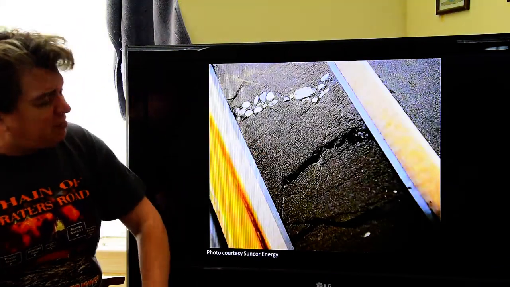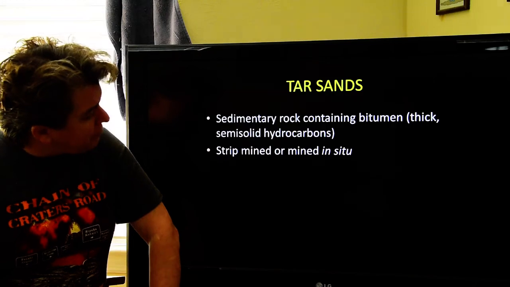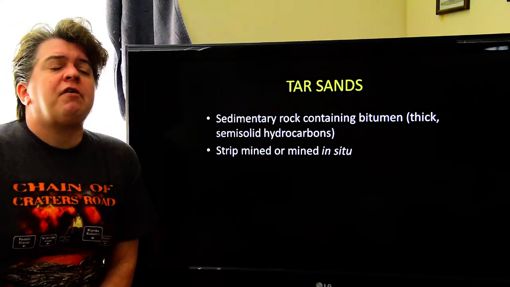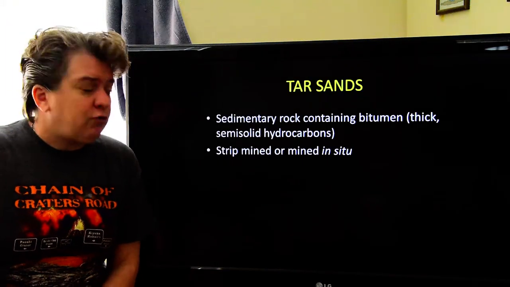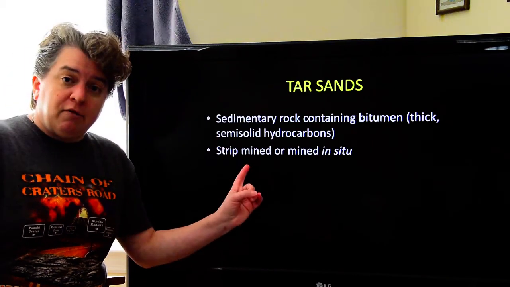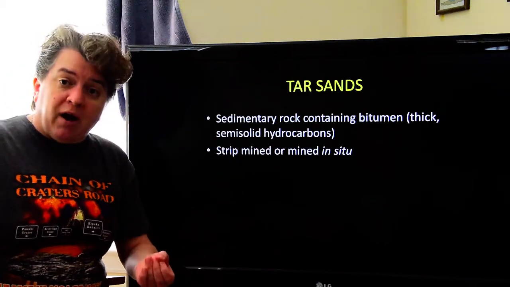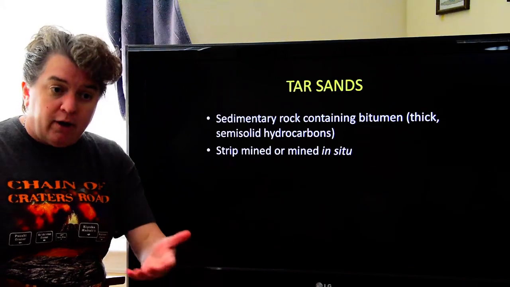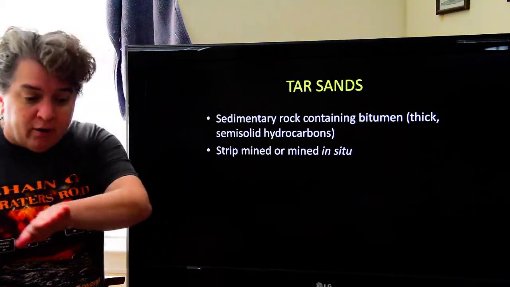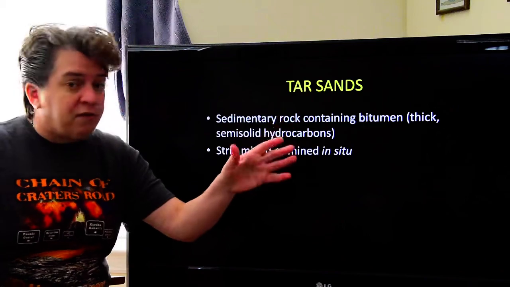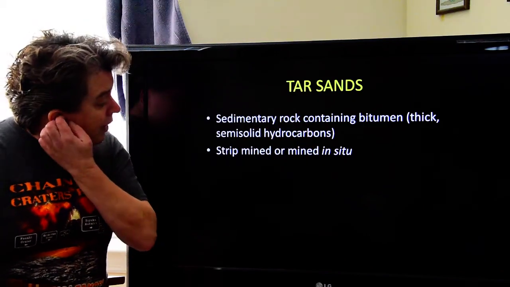This is what some of these tar sands look like. Tar sands can be extracted in two ways. They are sometimes extracted using strip mining, like the coal, where we take away the overburden, scrape away the tar sands, and then reclaim the area.